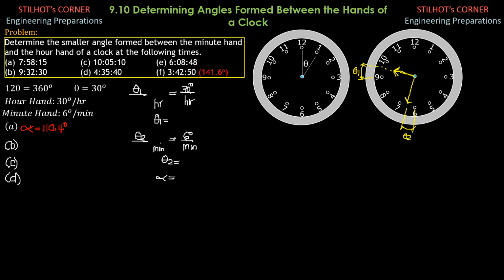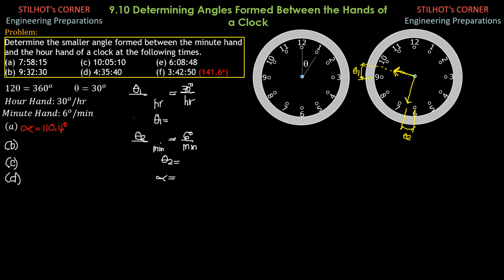Theta 2 is expected to be exactly 15 degrees, because the minutes are beyond 30 by 2.5 minutes, and between 6 and 7 is 5 minutes, so 2.5 minutes is halfway between 6 and 7.